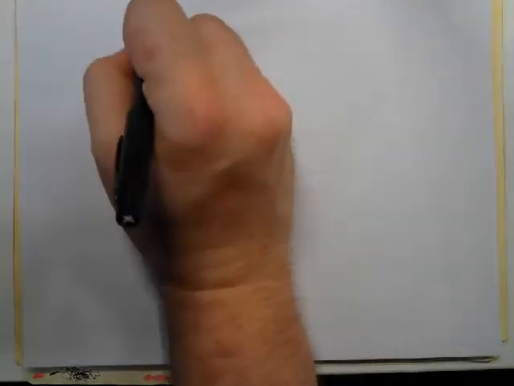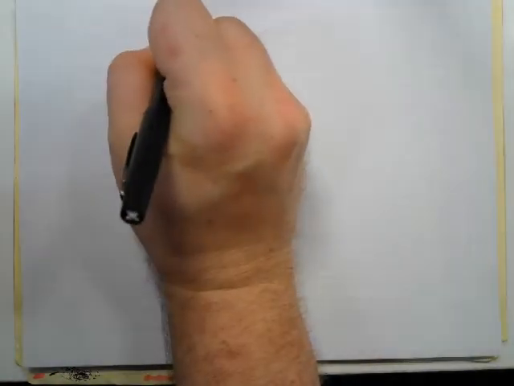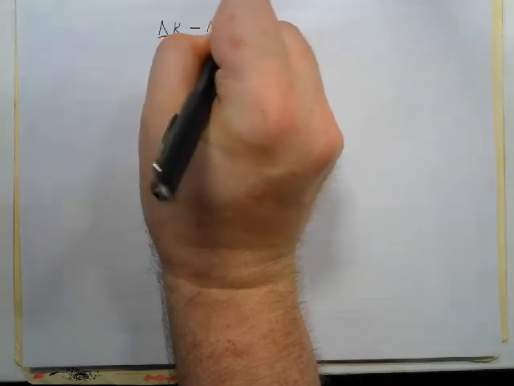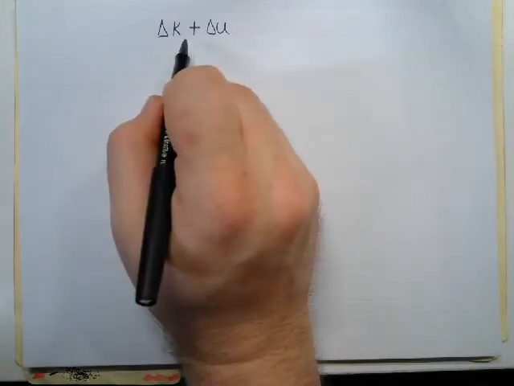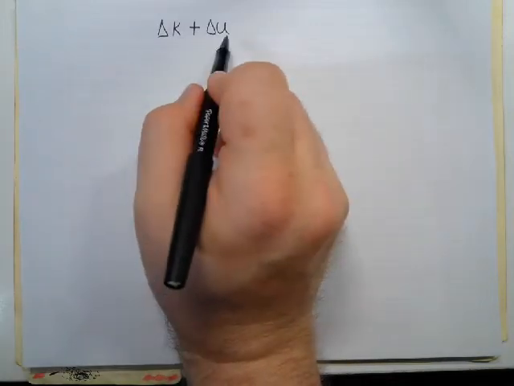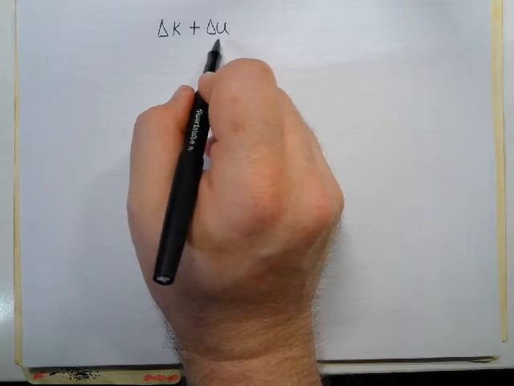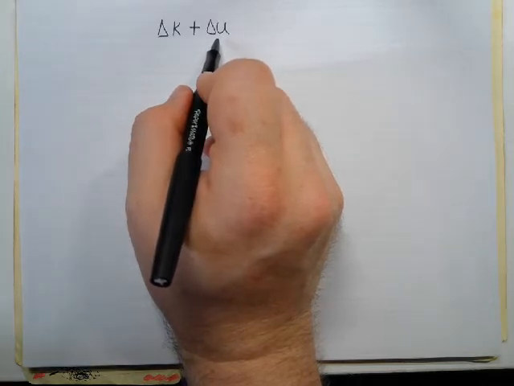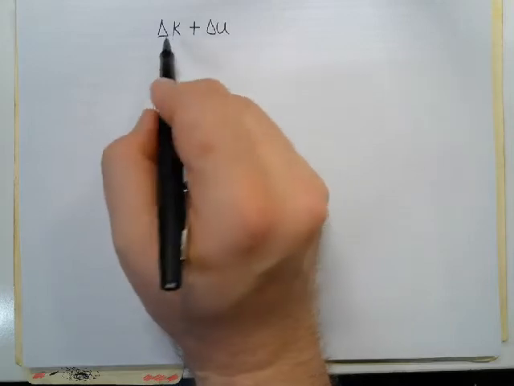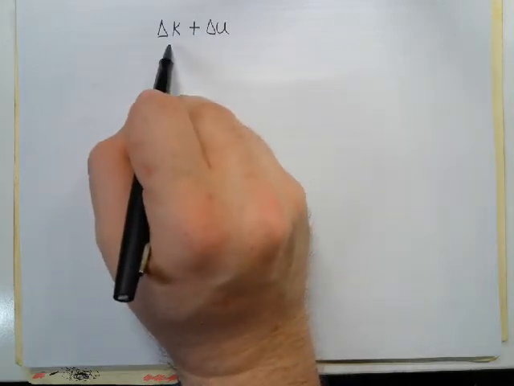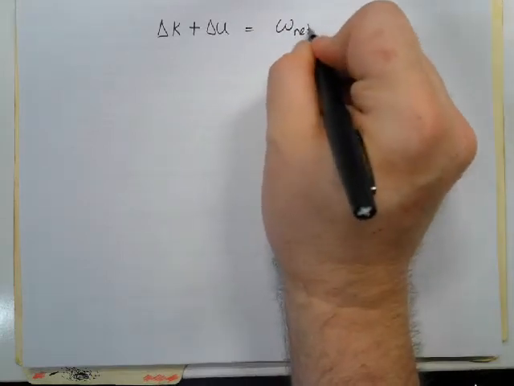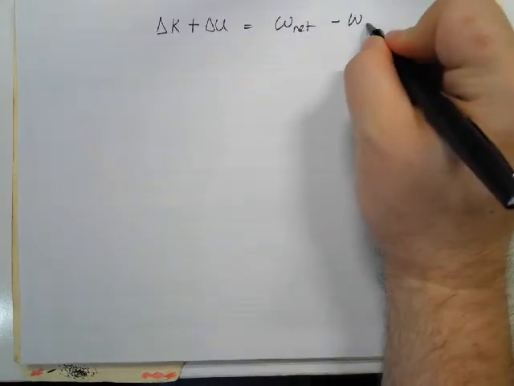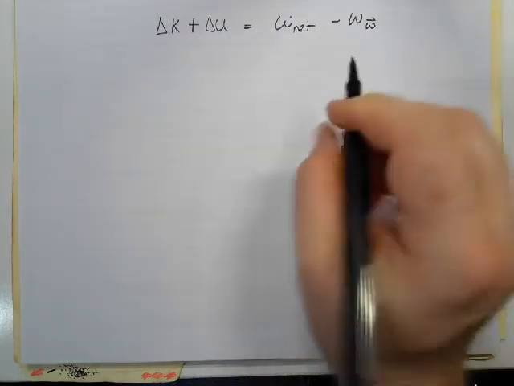I'll do an example for you here in a second, talking about that. But the gist of what I want to get to is if what we have is delta K plus delta U, that is the kinetic energy plus the potential energy. That is effectively, we're looking at delta K as the net work, and we're subtracting off the work that the gravitational force does, the weight force.